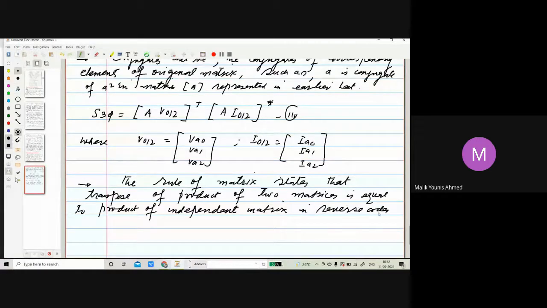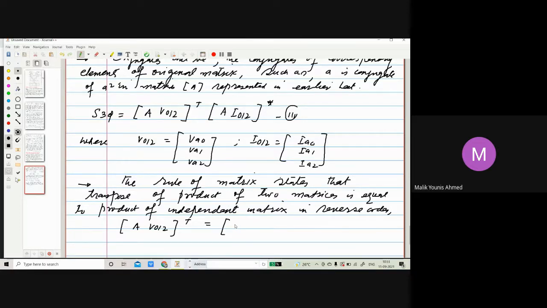That means the rule says that the transpose of A times V012 will be written as the product of independent matrices in reverse order.